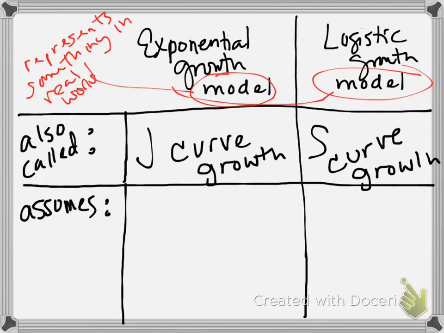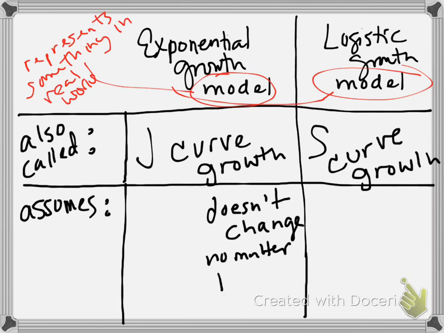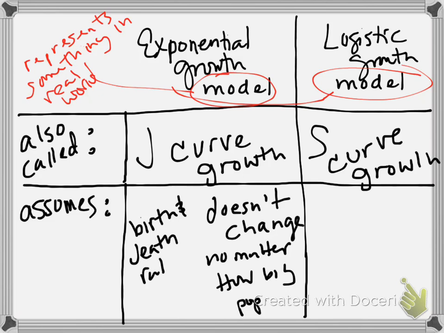Exponential growth model assumes that something doesn't change: birth and death rates don't change no matter how big the population gets.